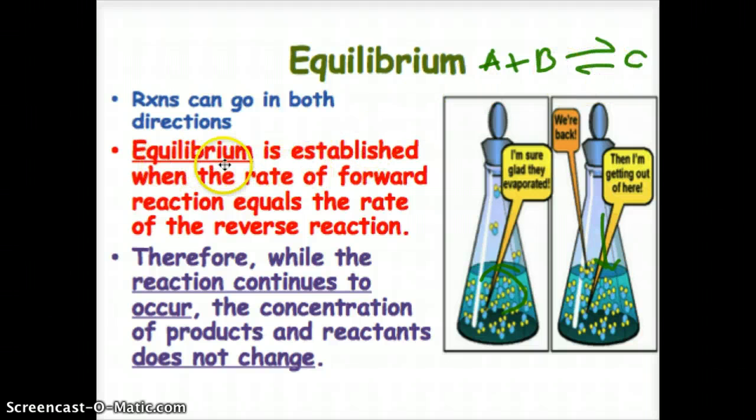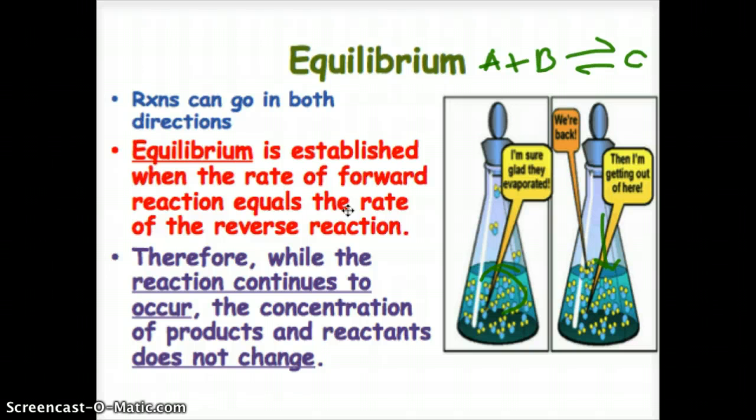So here, according to the definition, equilibrium is established when the rate of the forward reaction equals the rate of the reverse reaction. Okay, the rates are the same. Therefore, while the reaction continues to occur, this means that the reaction does not stop at equilibrium. The reactions in both directions keep going on.